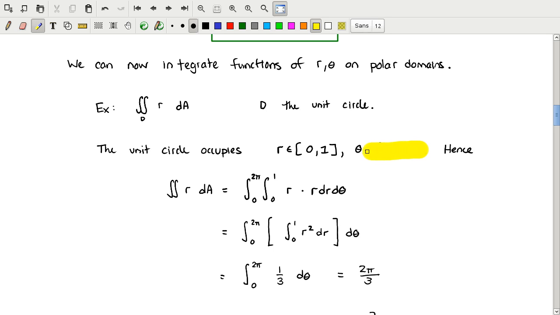So this pair of limits defines the unit circle, which we could understand from looking at a drawing of the unit circle. And so the double integral of r dA on the unit circle becomes the integral where r goes from 0 to 1, theta goes from 0 to 2 pi, of r times dA, and dA becomes r dr d theta.